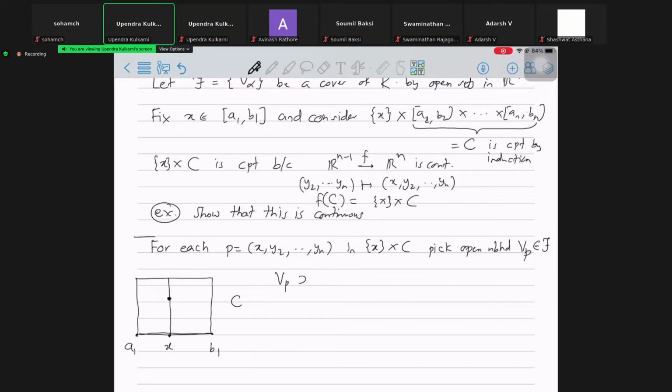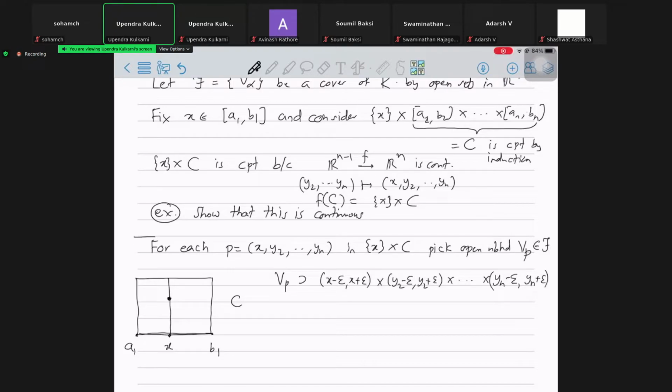So basically the width of each one of them is going to be the same, right? From the point P in each slot, you are going to go some distance in either direction, and let's call it epsilon. So this V sub P is going to contain the open interval X minus epsilon to X plus epsilon, cross Y2 minus epsilon, Y2 plus epsilon, and so on up to Yn minus epsilon, Yn plus epsilon.